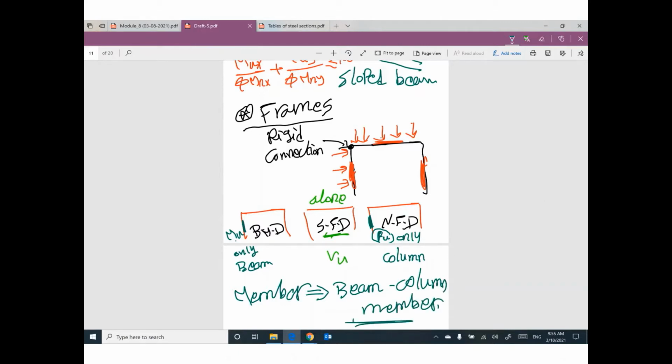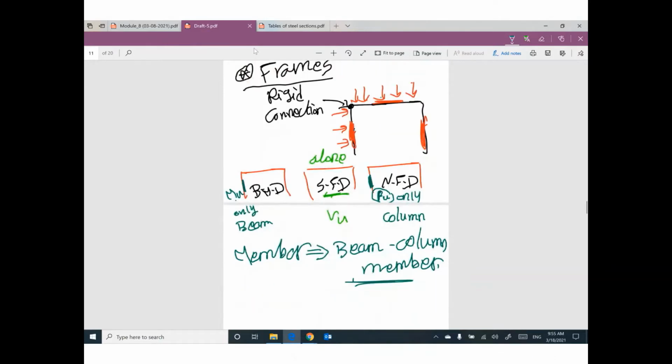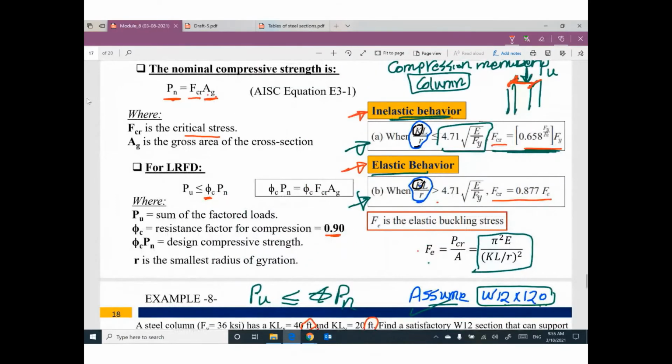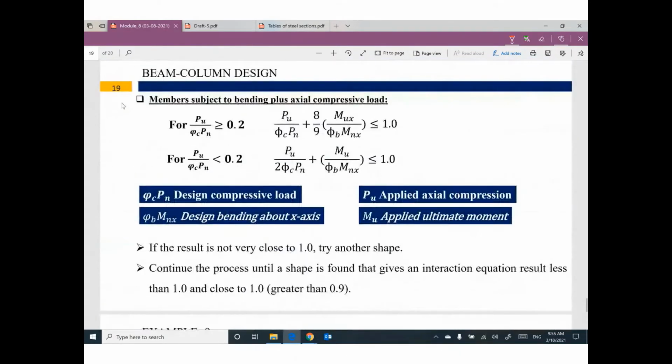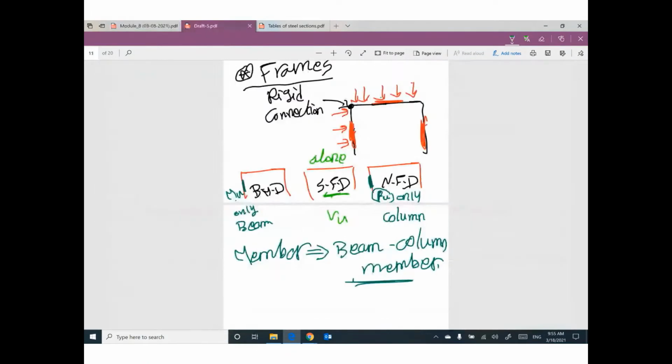I'm trying to explain why I'm saying we are going to design beam column design. What does it mean? Means if you have a member under the effect only P ultimate, this member can be called column. If you have a member only under the effect of M ultimate, moment only, this member can be called beam.